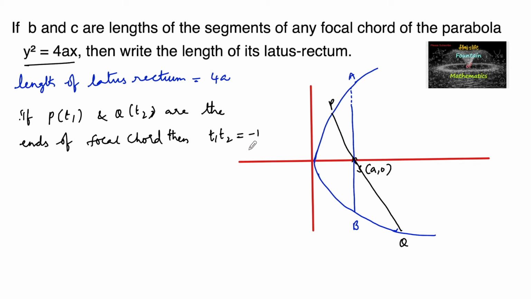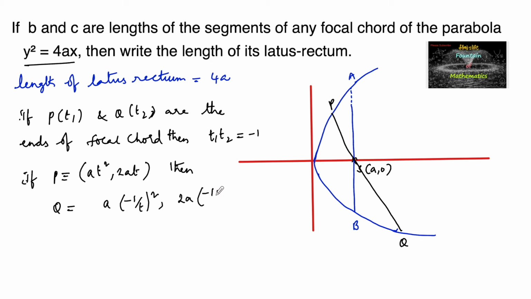So this is one important property we have, and so if P is given as (at square, 2at), then the coordinates of Q can be considered as (a into (minus 1 by t) whole square, 2a into minus 1 by t), that is, the coordinates of Q can be taken as (a by t square, minus 2a upon t).